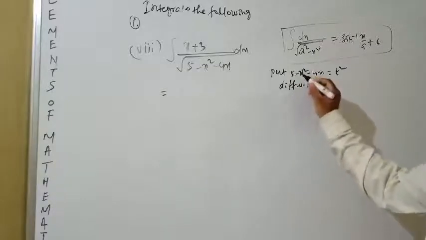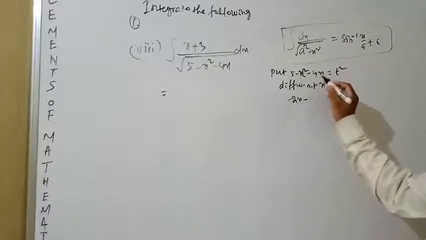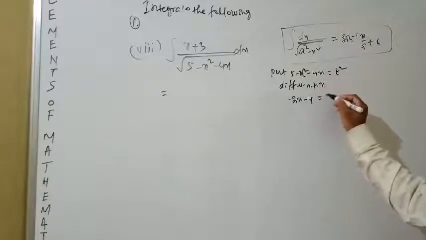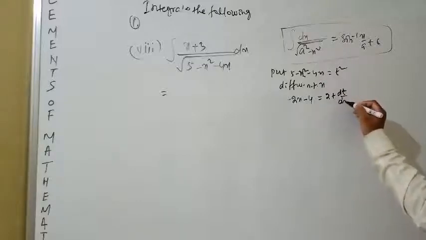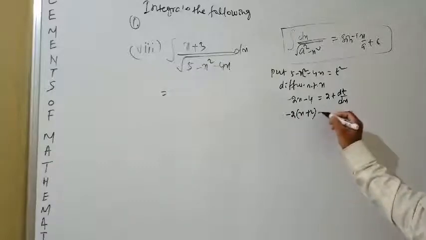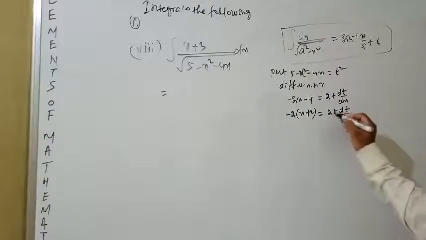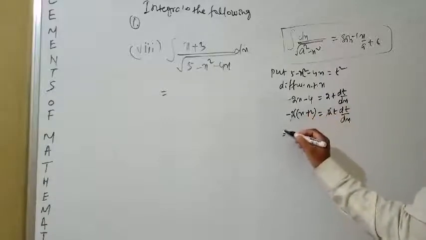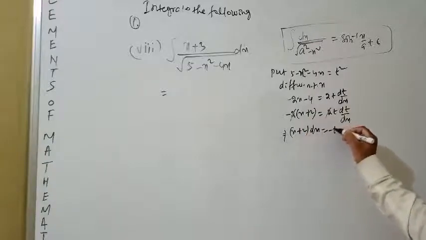Derivative of 5 is 0. Derivative of minus x square is minus 2x. Derivative of minus 4x is minus 4, equal to 2t dt by dx. Taking common minus 2: minus 2 into x plus 2 is equal to 2t dt by dx. 2 will cancel out. So x plus 2 dx is equal to minus t dt.